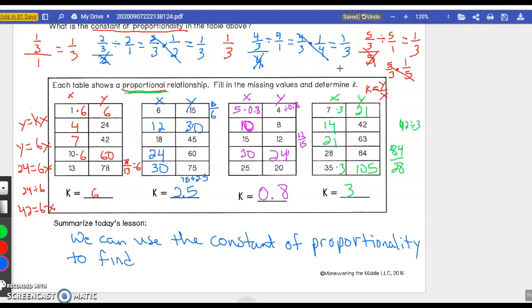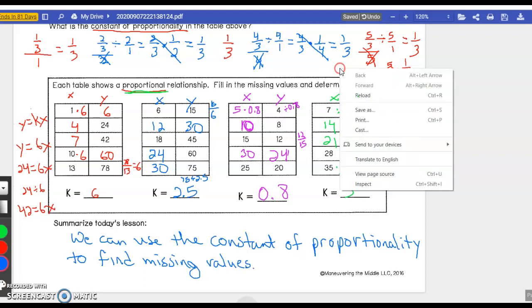And I'm just actually summing up the last one here. We're just going to say to find missing values. And we also can use it to see if tables are proportional.